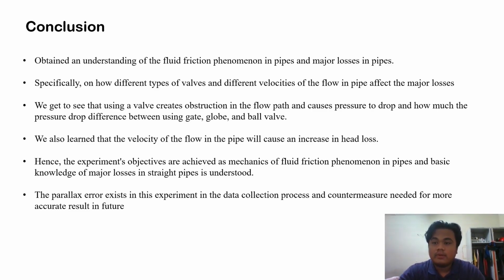From the experiment, we also saw that using a valve creates obstruction in the flow path and causes pressure to drop, and how much the pressure drop differs between using a gate, globe and ball valve. We also learned that the velocity of the flow in the pipe will cause an increase in the head loss. Hence, the experiment's objectives are achieved, as the mechanics of fluid friction phenomena in pipes and the basic knowledge of major losses in straight pipes are understood.